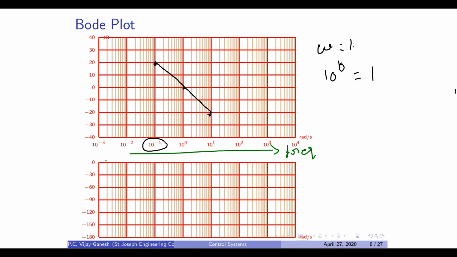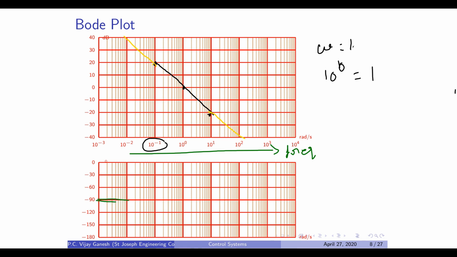If I draw the line here, this will be the line, and if I extend it, I'll be getting the other values, you can verify this. For 10 power 0 it is 0, then minus 20, minus 30, minus 40. This will be the graph we'll get.